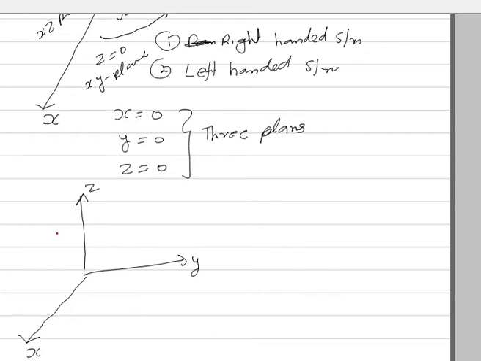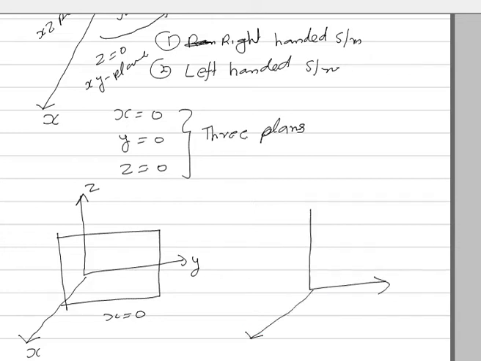So first of all, this is x equal to 0 plane, or x equal to constant plane, or yz plane. Or we can say the x constant plane is parallel to yz plane. Second plane is, please see here, z, y and x. Draw this plane which is parallel to xy plane.